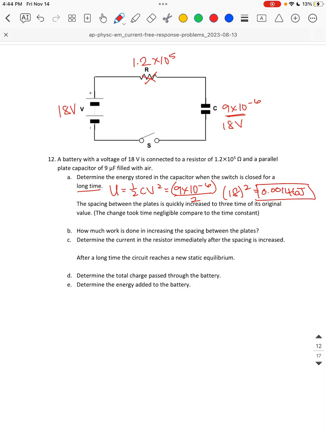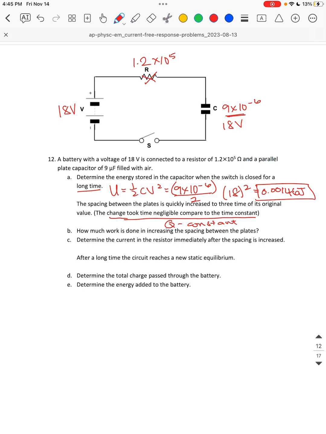Next, we've got the spacing between the plates increases by 3, and it says the change took negligible time compared to the time constant. So this statement lets us know that Q is constant. It has not yet changed.